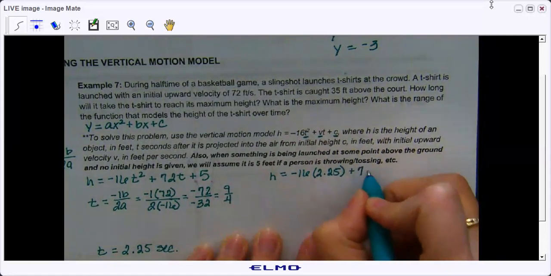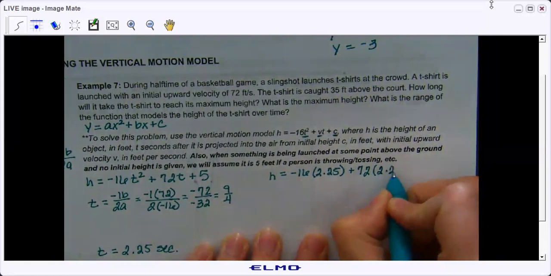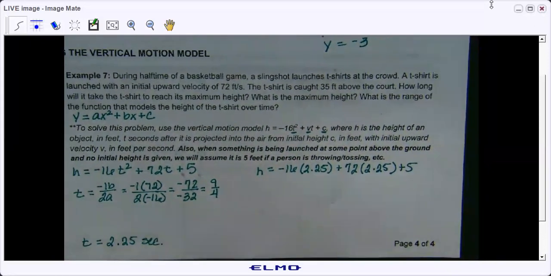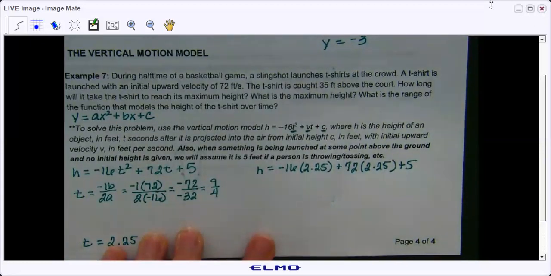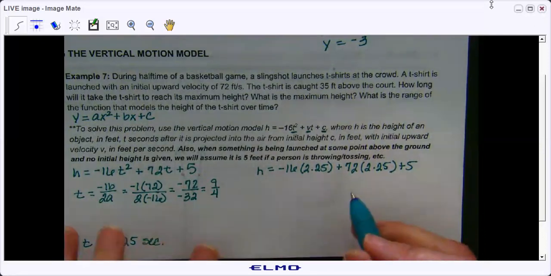Plus 72 times 2.25 plus 5. Okay. So we're going to go ahead and solve this. So earlier I said we knew the maximum height. I was wrong. That was the maximum height that went because it was caught. But if it wasn't caught and it kept going, they want to know how high would it reach before it started falling back down?